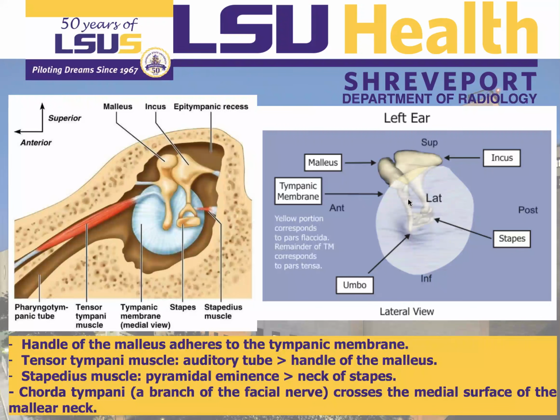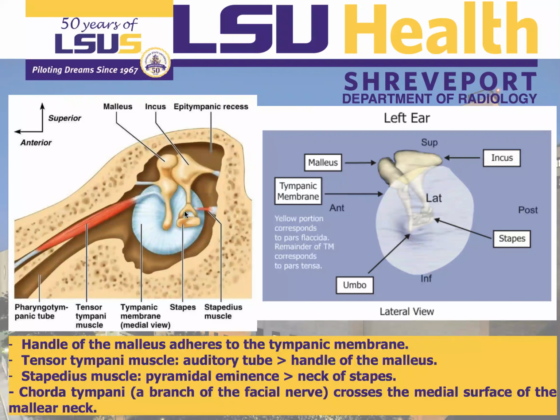Here you see the handle of the malleus attached to the tympanic membrane. Okay, this is the only ossicle attached to the tympanic membrane, the handle of the malleus. Okay, this is anterior portion, posterior portion, superior and inferior.